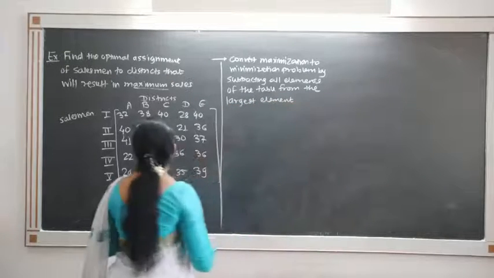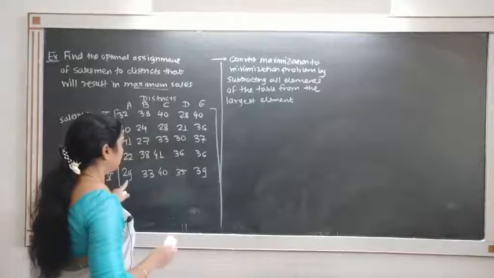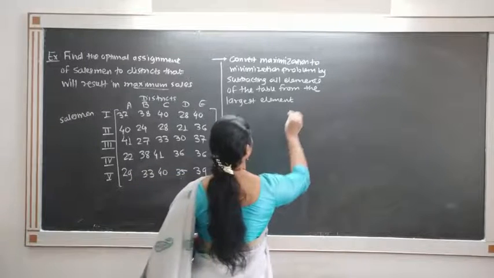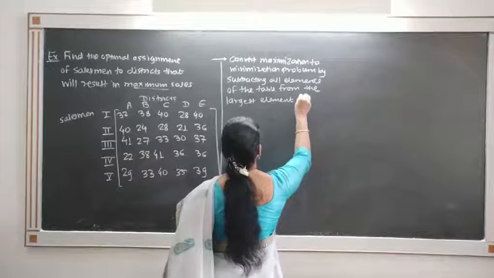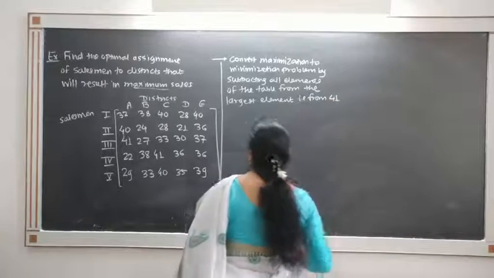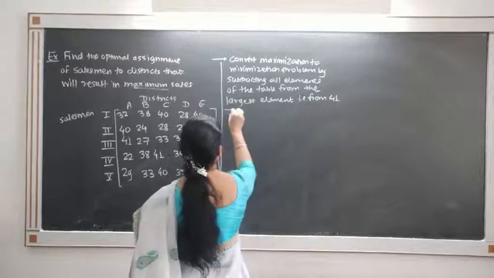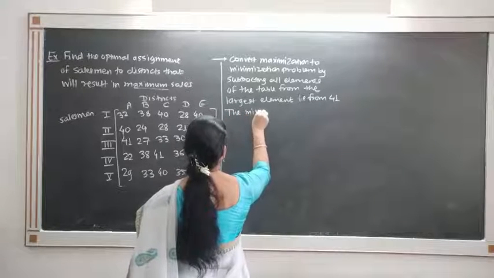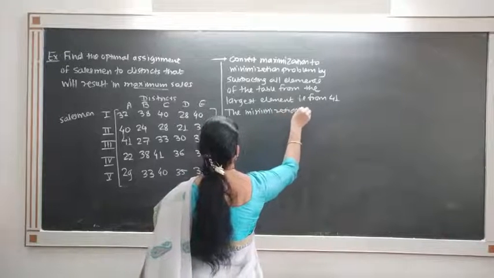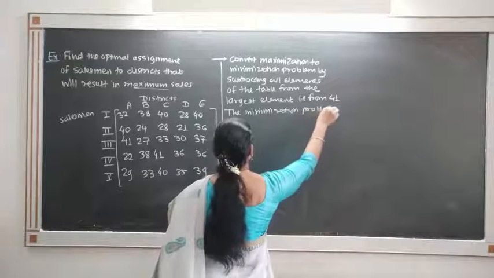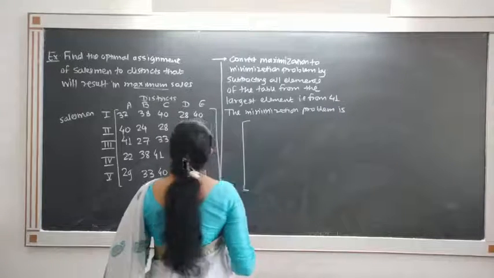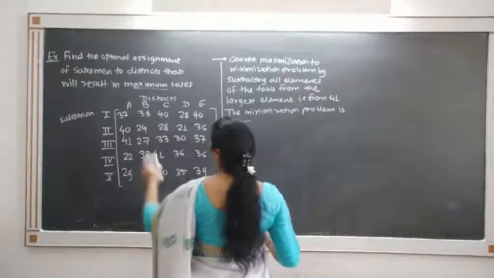See the largest element in the whole table. The largest element is 41. So subtract every element from 41, and we get the minimization problem.